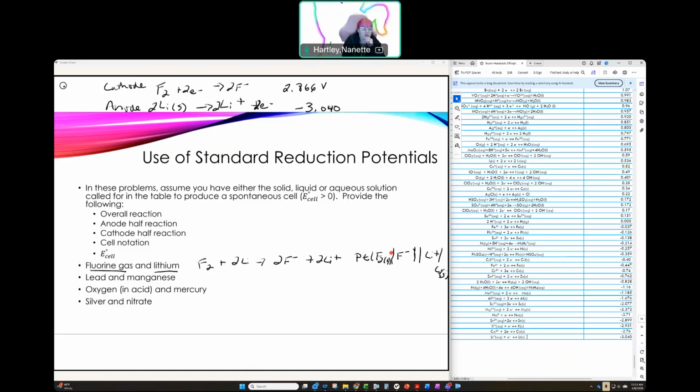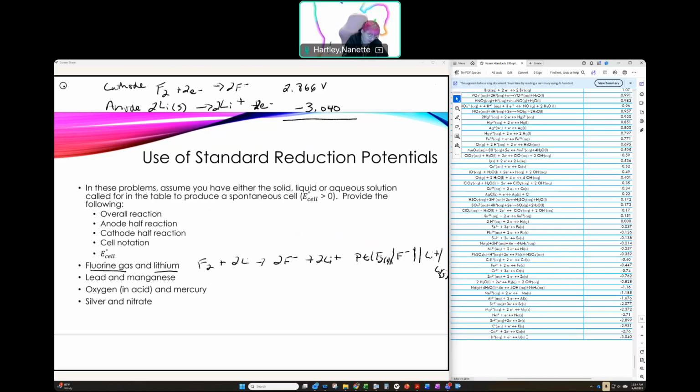Okay. Now, if I want the E naught for the cell, all I would do is take these two values and add them together. That's what I do. Do I actually add them? No, I don't.